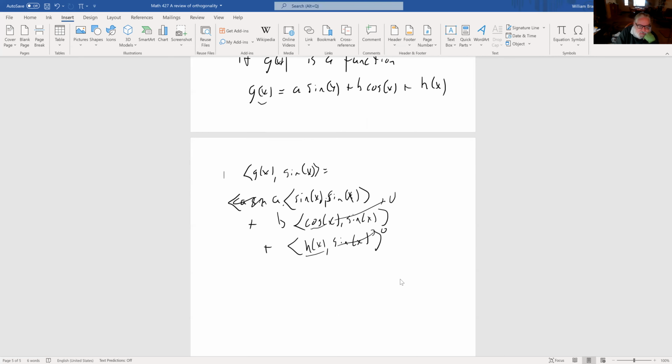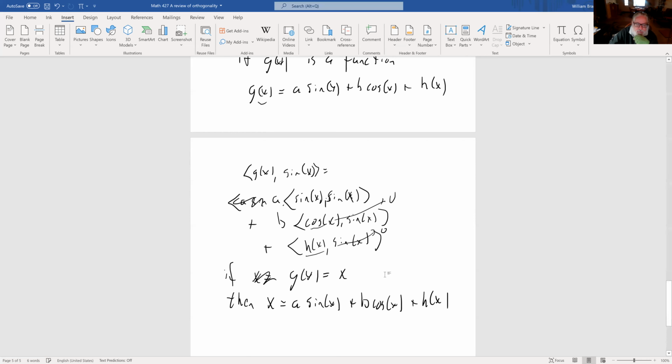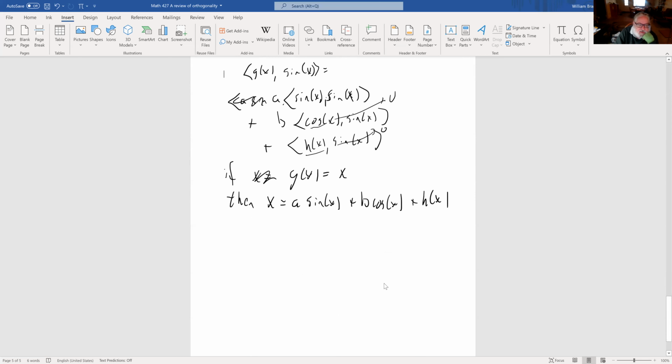So if we take a particular example, if g of x equals x, then x equals a sine x plus b cosine x plus more stuff. How do you find a? The function x inner product with sine x will be equal to a times the inner product of sine x with itself, because these two other terms are both 0.